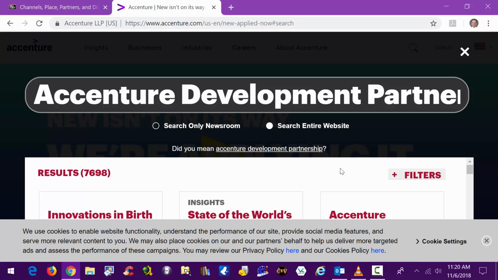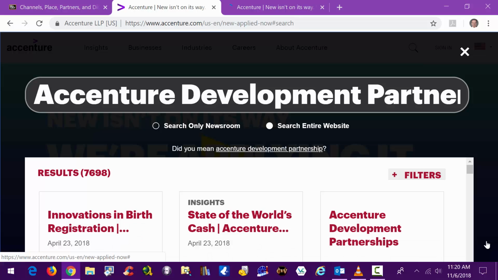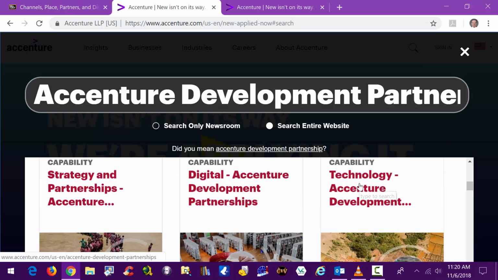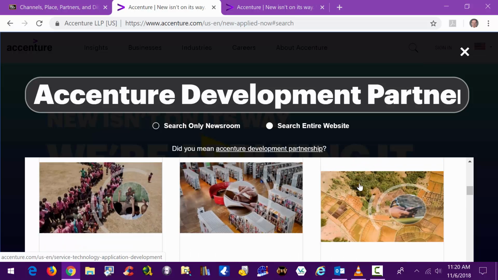But they also do a lot of work with partnerships and helping people partner and identify. So that would be something that you could explore. These development partnerships are also something that might be interesting for you to look at.